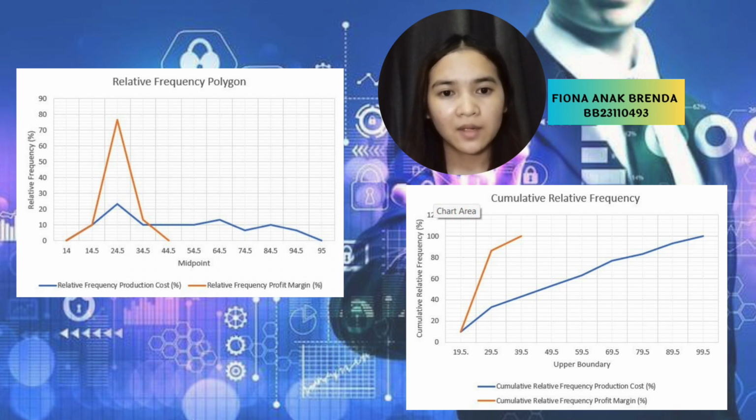The rapid increase for profit margin indicates that most profit margin values are clustered within a lower range, while production costs are more spread out across a wider range. This also means that profit margin tends to be more predictable and consistent with less variation across the dataset.